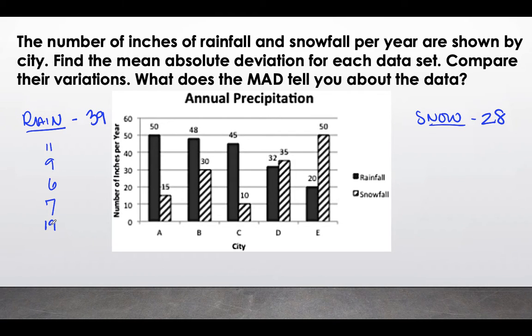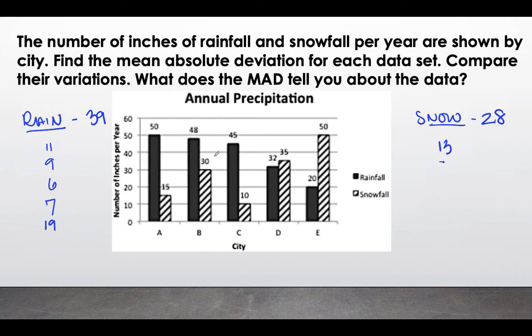Regardless of whether it is greater than the mean or less than the mean, we are going to write all of our answers as positive values because we are just looking at how far it is from the mean, not whether it's greater or less than the mean. We'll do the same thing for the snowfall data. The first city, 15, is 13 inches away from our mean of 28.